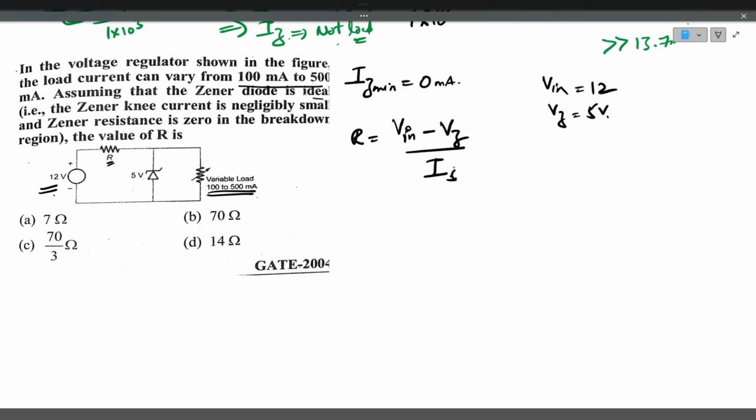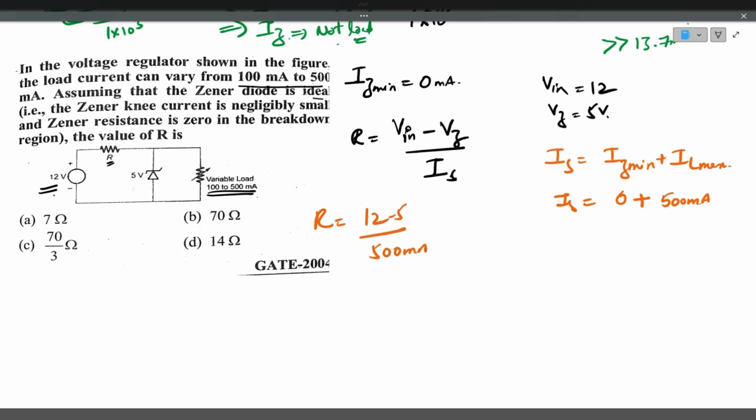The unknown parameter is IS. IS can be written as IZ minimum plus IL maximum. Minimum current of the Zener diode is 0, and IL maximum is 500 milliamps. So IS equals 500 milliamps. Substituting, R equals 12 minus 5 divided by 500 milliamps, which equals 14 ohms. So the answer is option D.